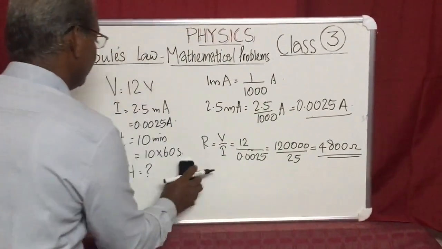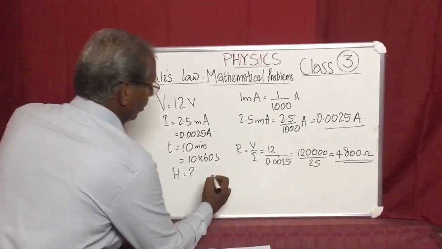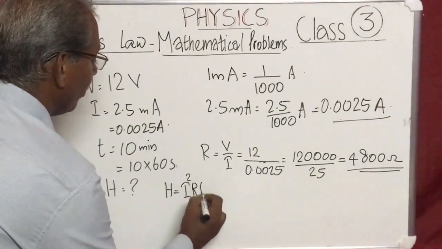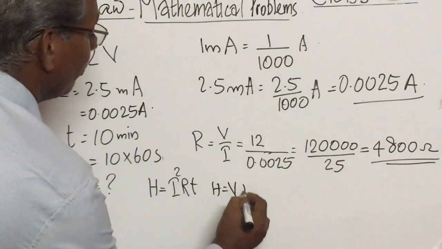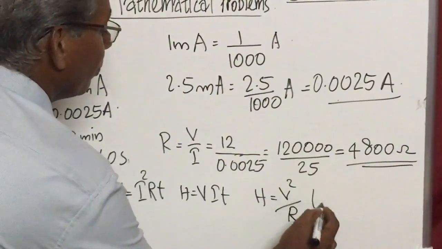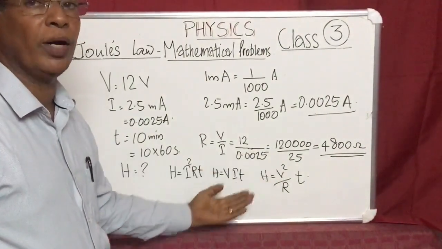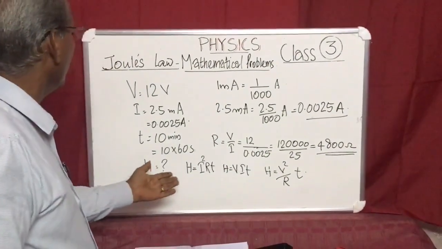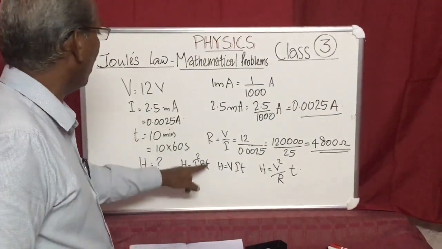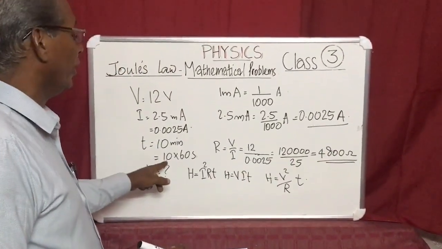So R we got. Now the remaining question is H. H is equal to, as we already discussed, I square RT, or H is equal to VIT, or H is equal to V square by RT. Do all these three and find out which answer you get. Here I is 0.0025, R is 4800 and T is 600.